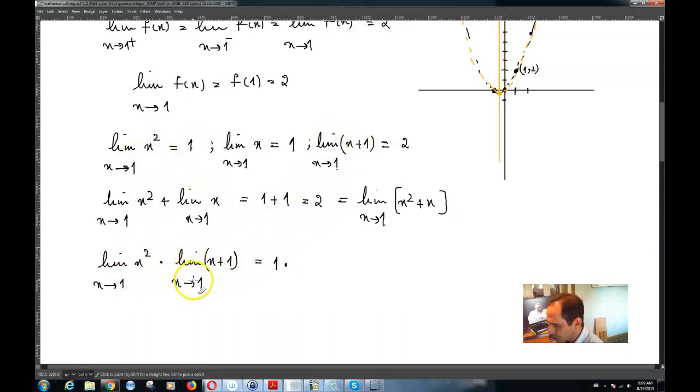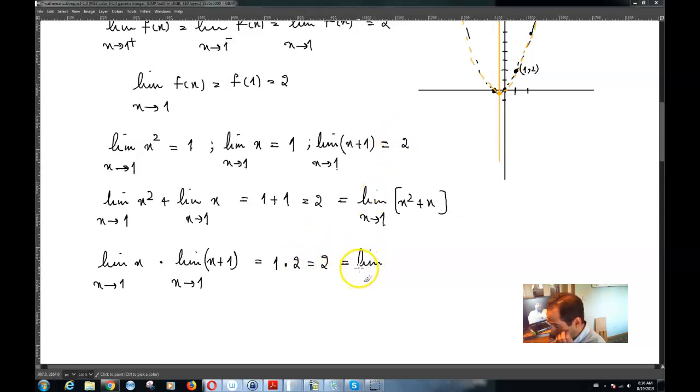The limit of x plus 1 as x tends to 1 is equal to 2. So 1 times 2 is equal to 2.